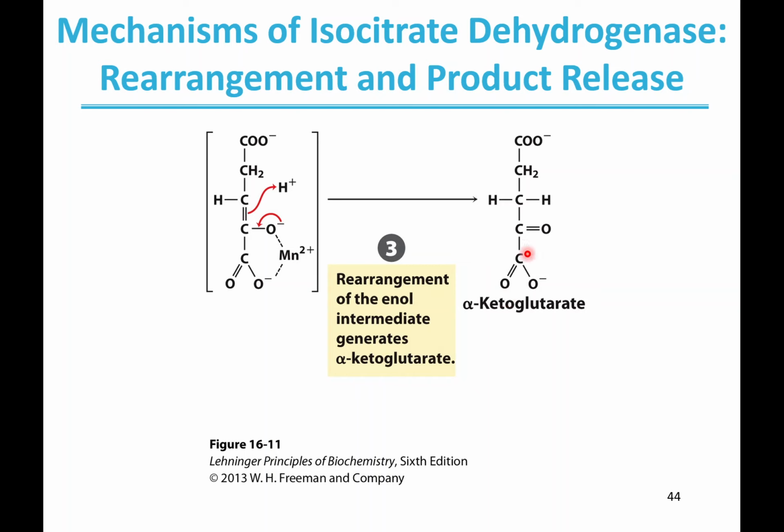Alpha-ketoglutarate, if we look at this, is a 5-carbon molecule, 1, 2, 3, 4, 5, with carboxylic acid groups on both ends, and then it's asymmetric in that there's one carbonyl that's close to one of the ends, and then 2 methylene groups.